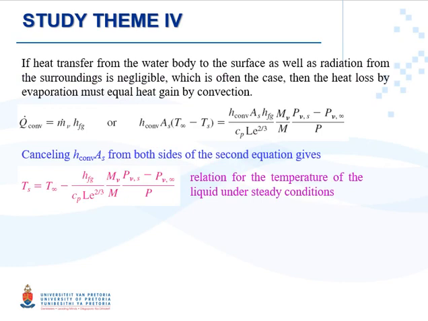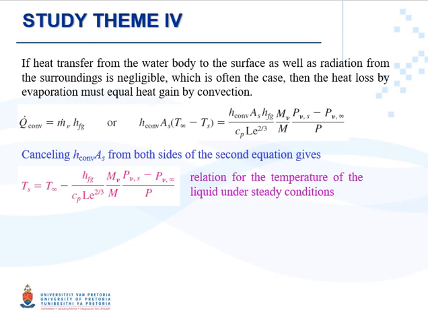If heat transfer from the water body to the surface, as well as radiation from the surroundings, is negligible, which is often the case, then the heat loss by evaporation must equal the heat gained by convection. Why? Because there is no radiation, so the heat lost by evaporation should be equal to the heat gained through convection.